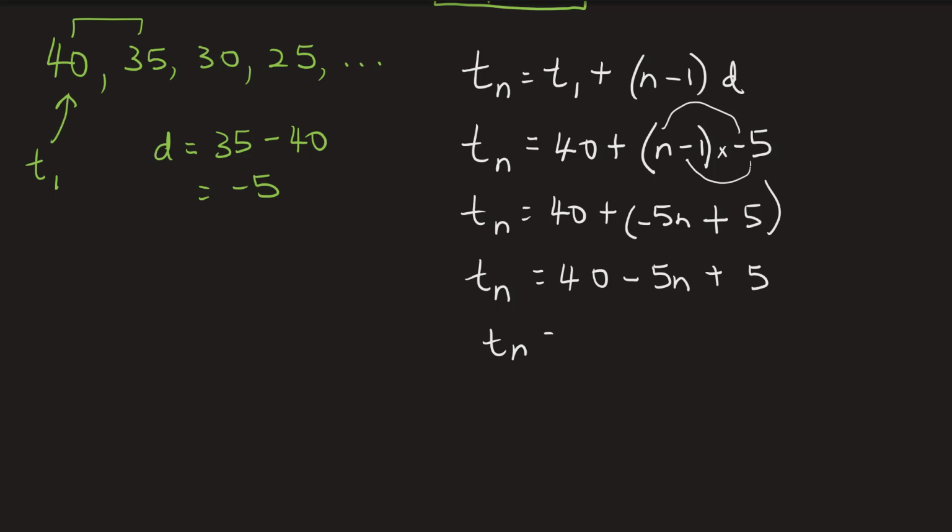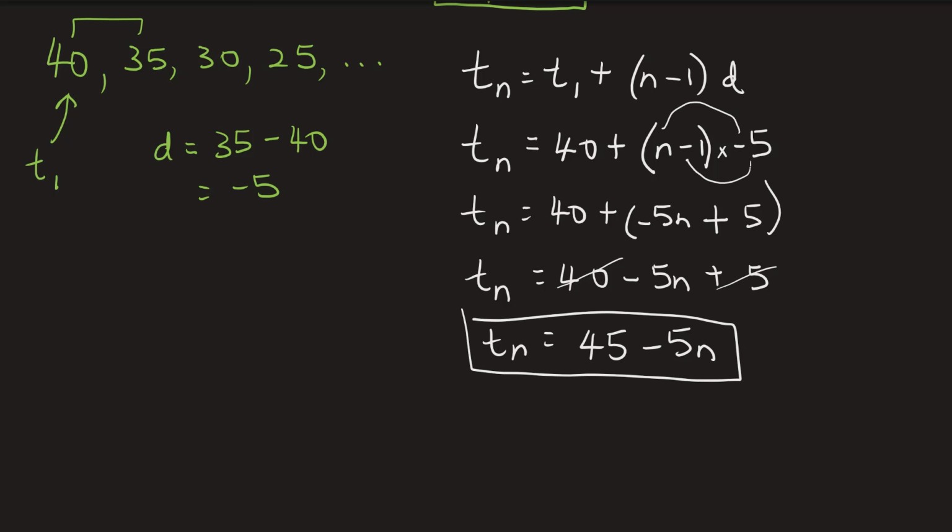Tn is equal to 40 plus 5 is 45 minus 5n. So this is the formula to find any term of this sequence here.